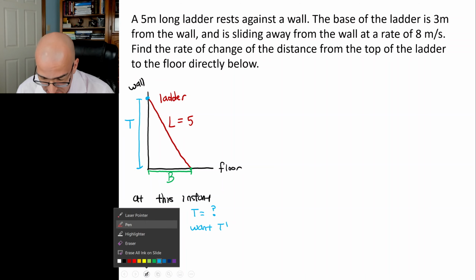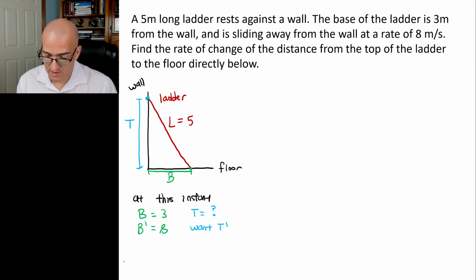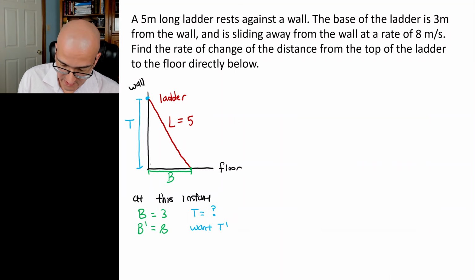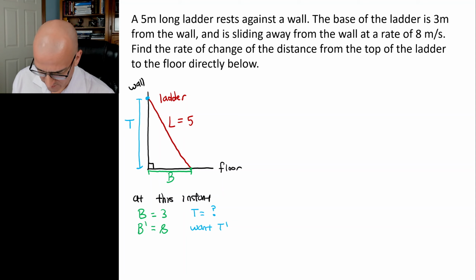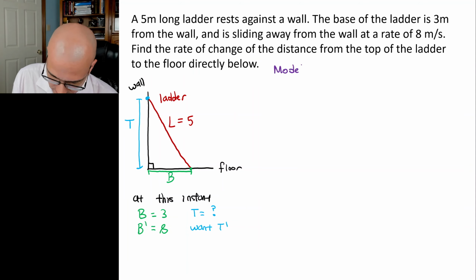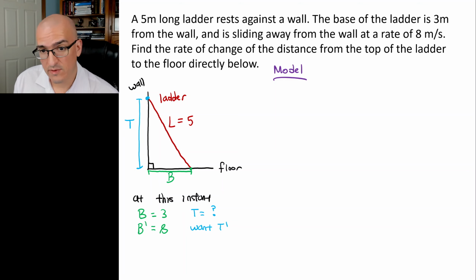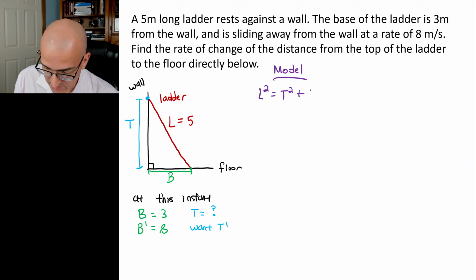So as we proceed, let's think about our Pythagorean theorem again. We're going to assume that the house was constructed properly and that it meets at close enough to 90 degrees that we can call it 90 degrees. So I'll write down that model. It is from Pythagorean theorem. We have L squared is equal to T squared plus B squared.